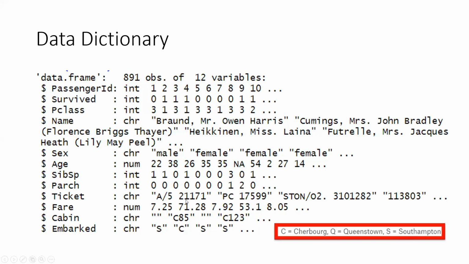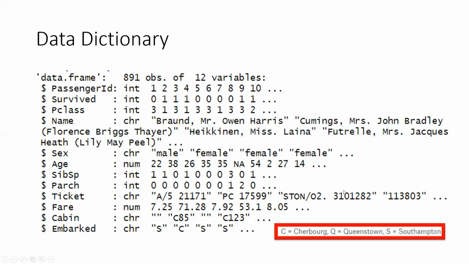Ticket number, fare, how much price did they pay as a fare, cabin number, and embarked. Embarked means which station they boarded, and this embarked station is again S, C, or Q. C is for Cherbourg, Q for Queenstown, and S for Southampton. So is this data set clear to you all? Yes, sir. Okay.